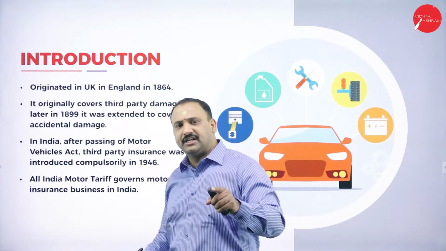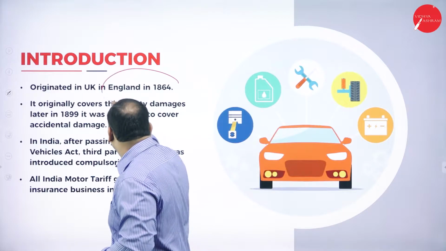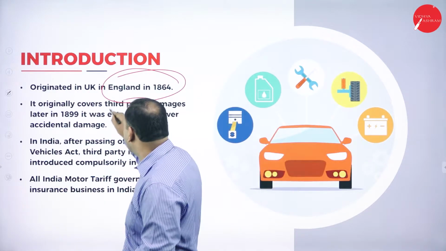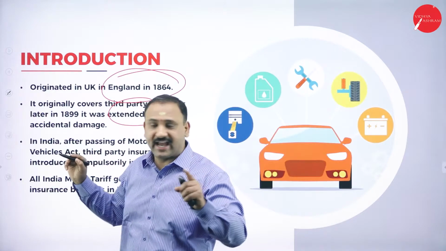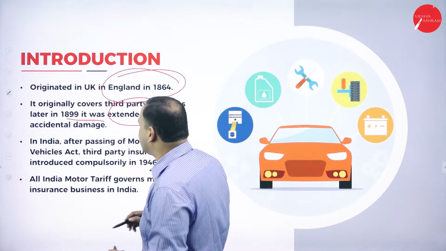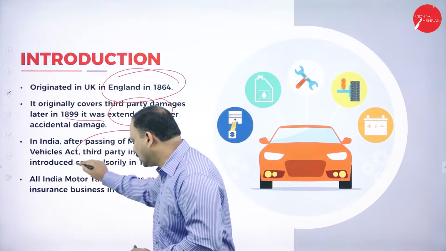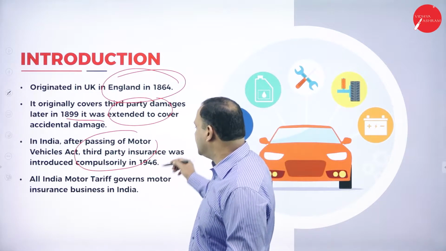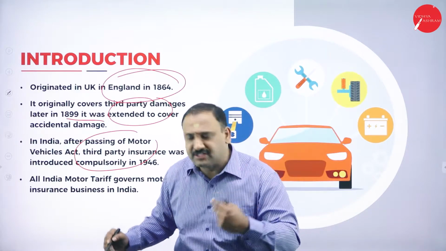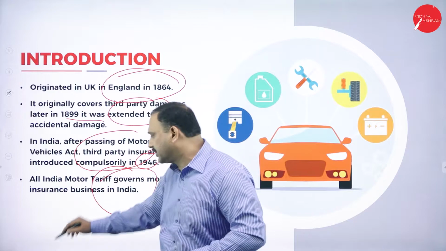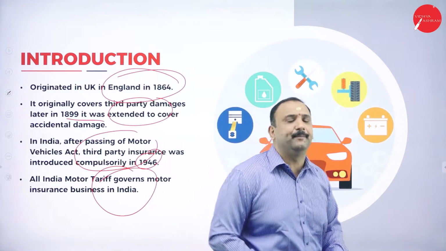It originated in the UK and England in the year 1864. It originally covered third-party damage. Later, in the year 1899, it was extended to accidental damage also. In India, after the Motor Vehicles Act was passed, insurance became compulsory after the year 1946. The All India Motor Tariff governs the motor insurance business in India.